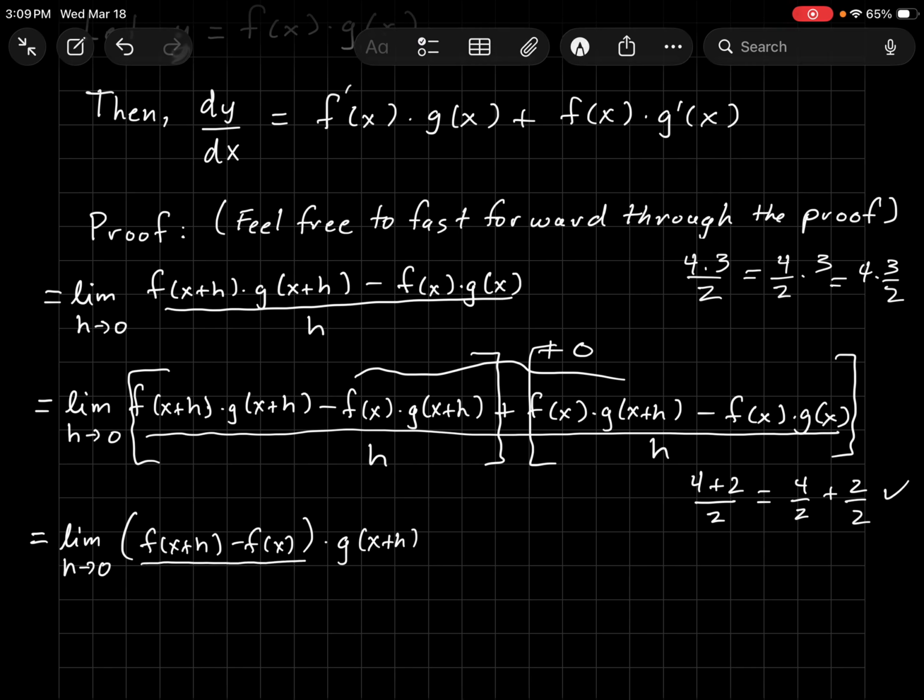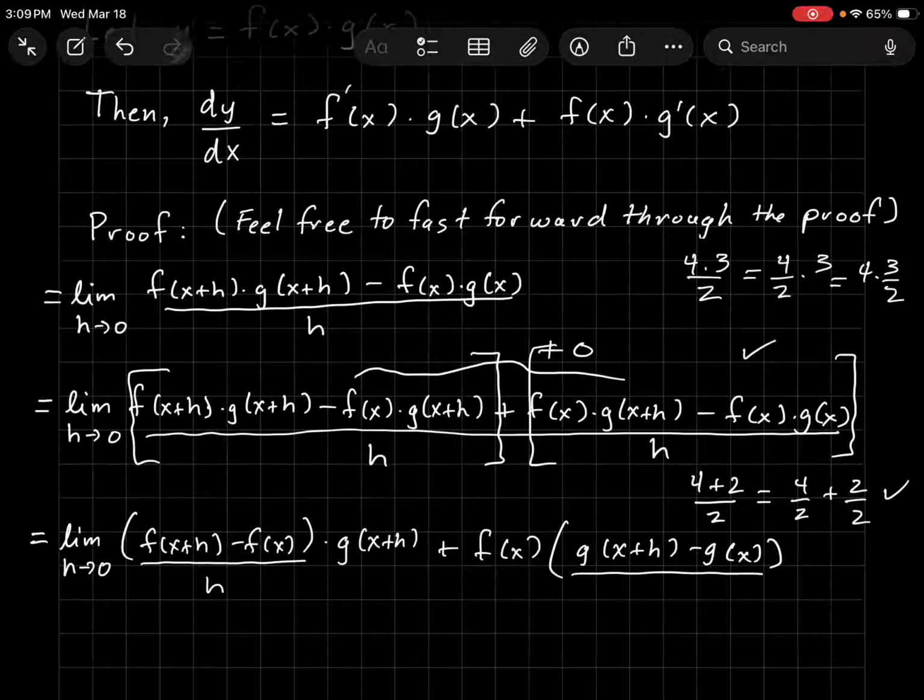So I will put the h under the first part. Now let's look at this back piece here. They both have f of x, so I will factor out the f of x from them. And that'll leave me with g of x plus h minus g of x. And then, because it's a product now, I choose to put the h under the back part.